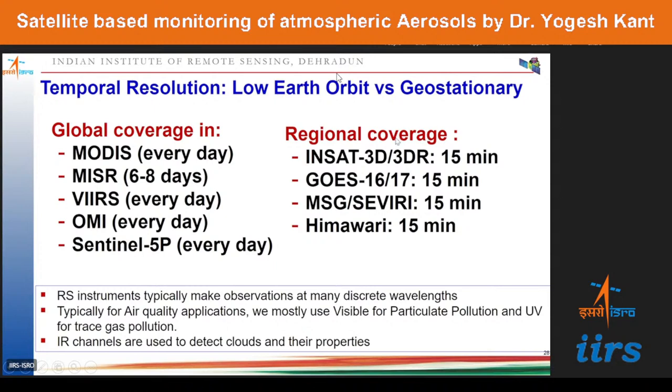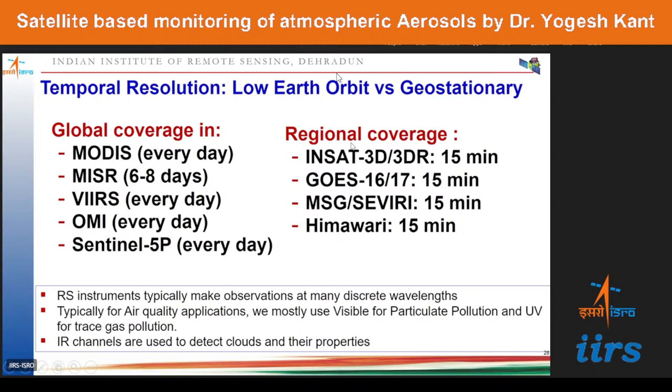Now in the geostationary platform, the temporal resolution is very high, so every 15 minutes or every half an hour we have data. Those phenomena which require very high temporal resolution, for example, if there is a forest fire, we want to see the extent of the fire every hour or every 3 hours, and the spread of the fires.